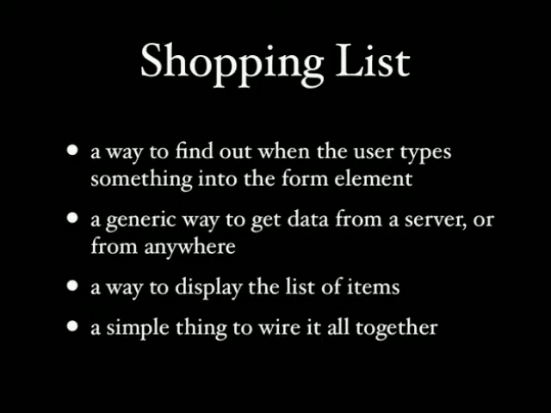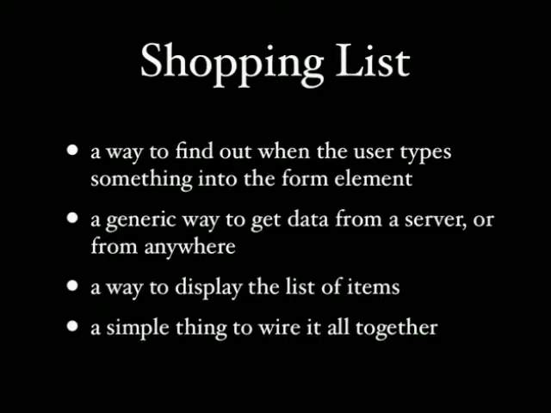So here's our shopping list of stuff that we need to do to make this work. We need a way to find out when the user types something, right? We need to respond to that interaction. We need a way to get the data, so we can know what things to show. Sometimes that's from a server, and saying from a server means any of a million different things.